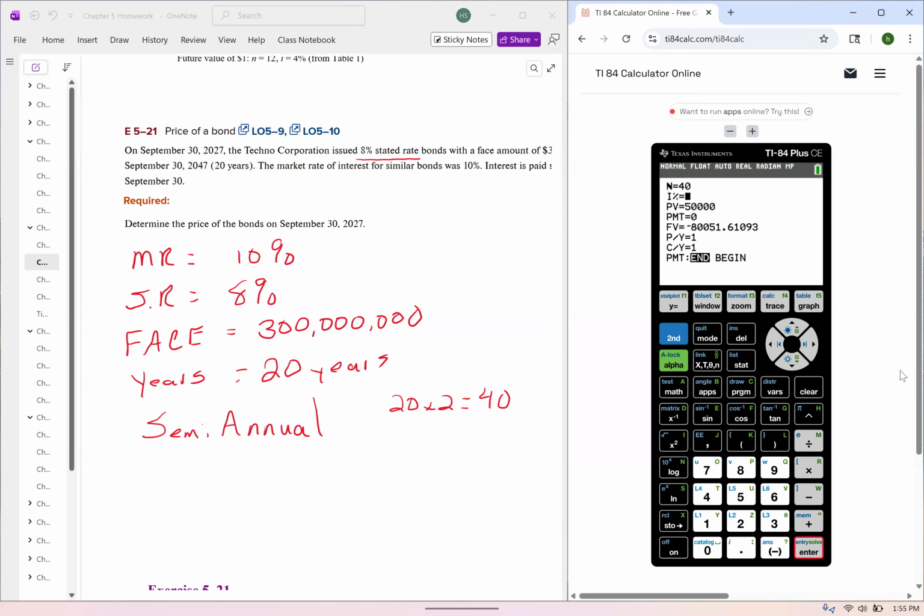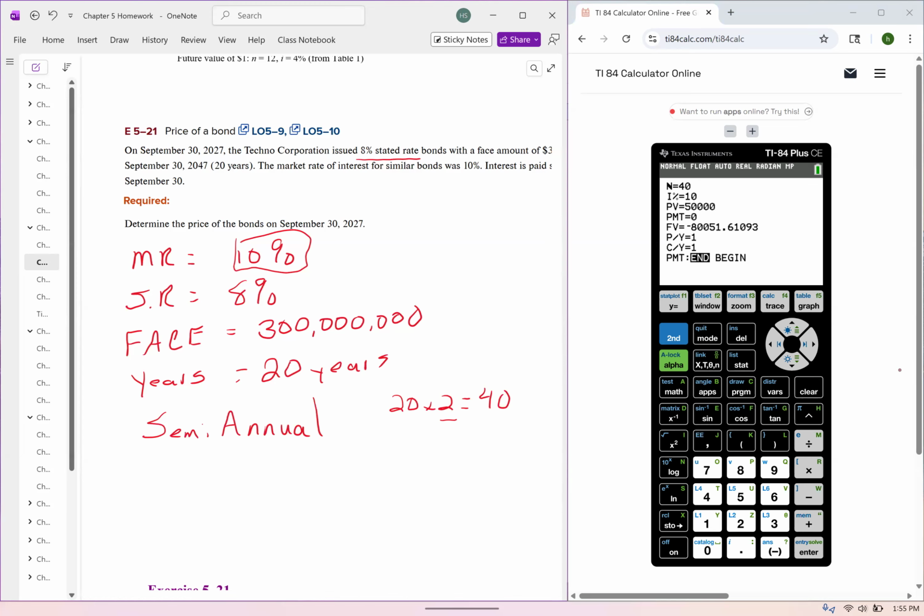Our interest rate that we're going to put in right here will be the market rate of interest. So market rate of interest is 10. But remember we multiplied times 2, so we're going to divide that 10 by 2.